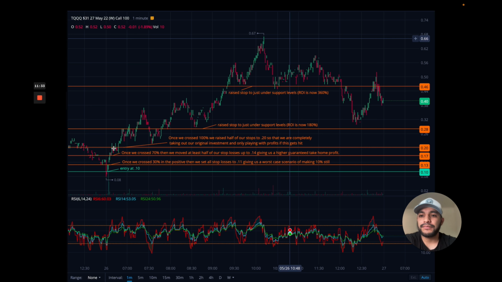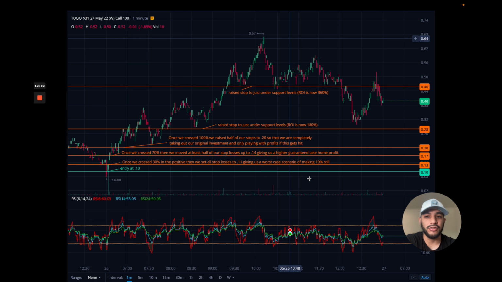Then we came up, kind of consolidated, and then shot up. The moment that we broke that resistance that we were having right here, probably right around $22 per contract, I immediately raised half of the stops to $20, right? So now at this point, if half of my position is at $20 per contract, the worst case scenario is I get out with my original investment, and whatever I have left in there, I'm playing with house money.